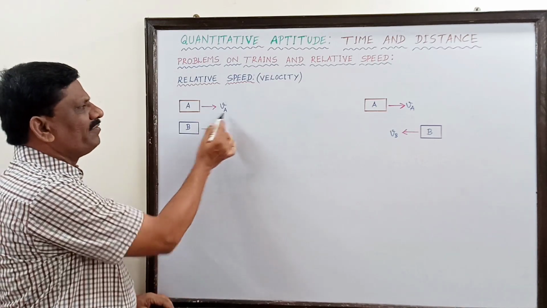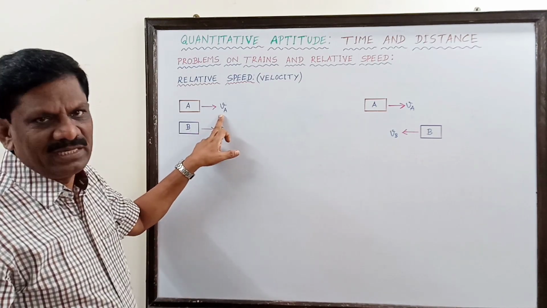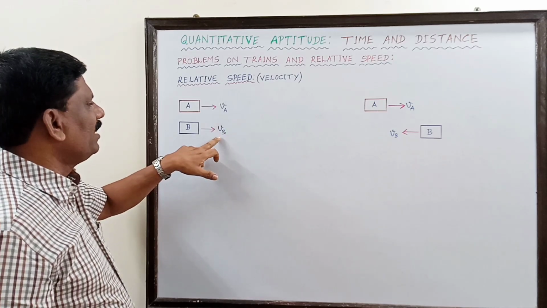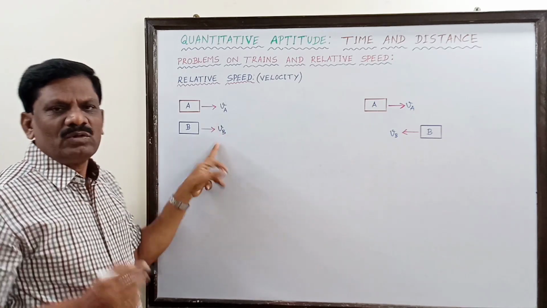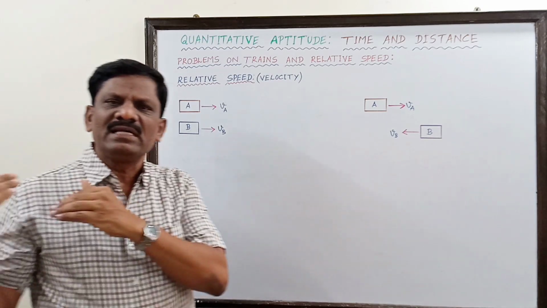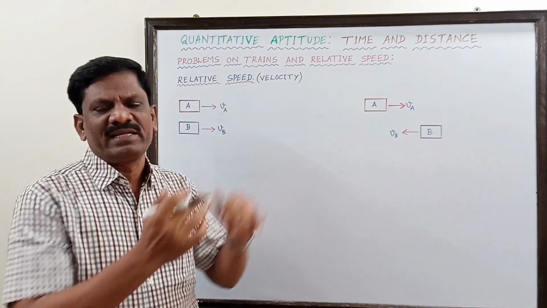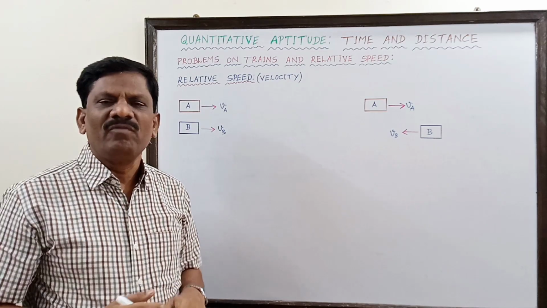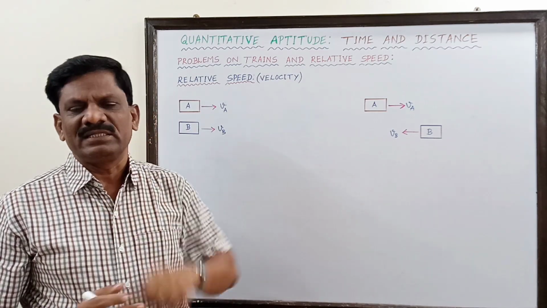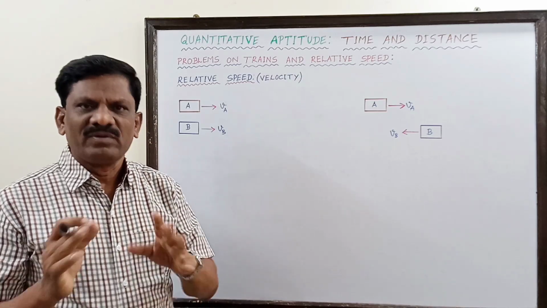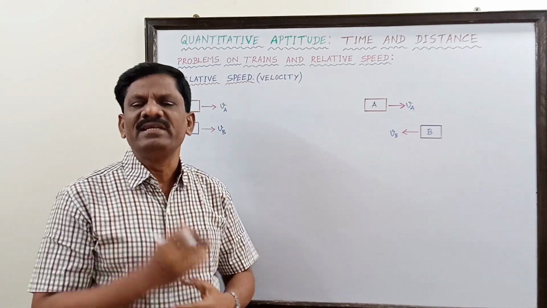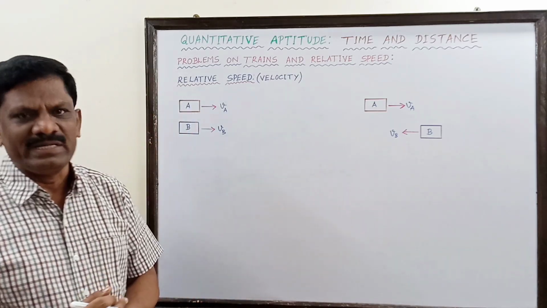So the speed of A is denoted as VA and the speed of B is denoted as VB. When two bodies are moving in the same direction, the velocity of one body with respect to the other, the speed of one body with respect to the other, is called either relative velocity or relative speed.